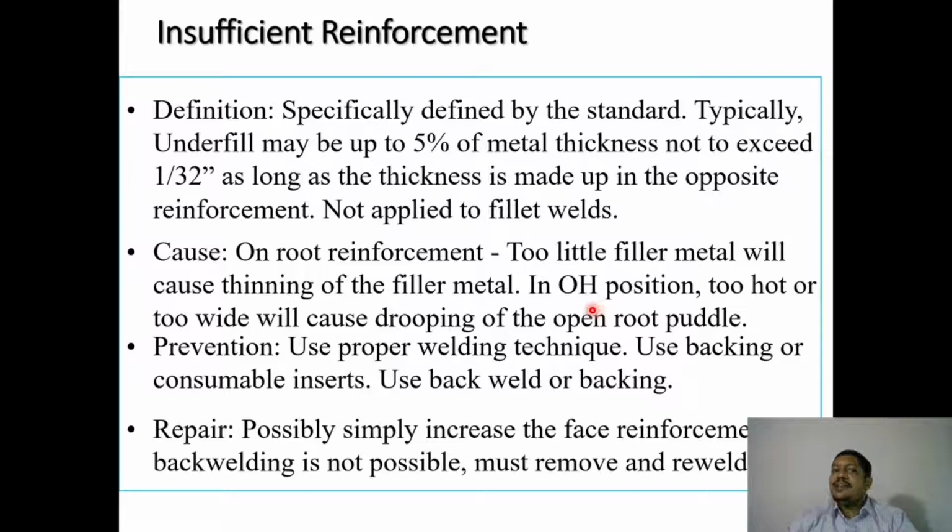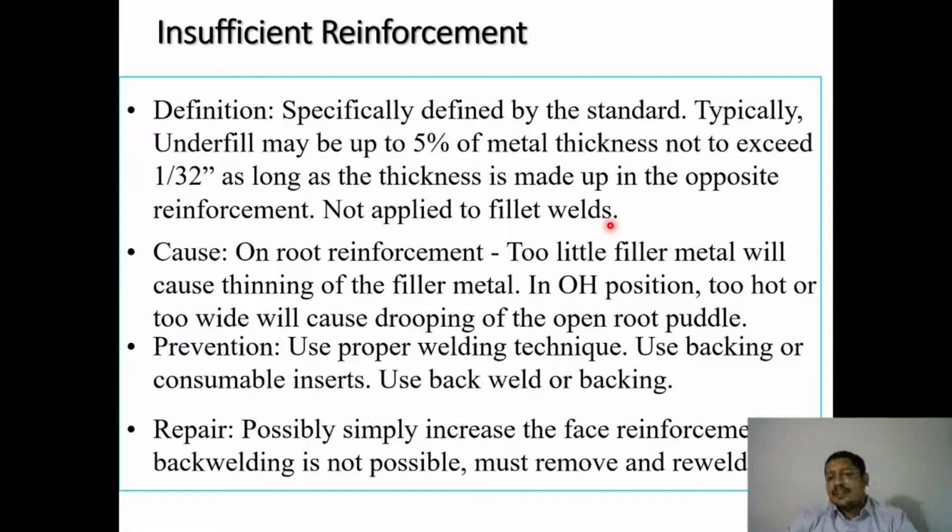Insufficient reinforcement is specifically defined by the standard: typically underfill may be up to 5% of metal thickness, not exceeding 1/32 inch, as long as the thickness is made up in the opposite reinforcement. This does not apply to fillet welds. That is the proper reinforcement you have to obtain on the weld.